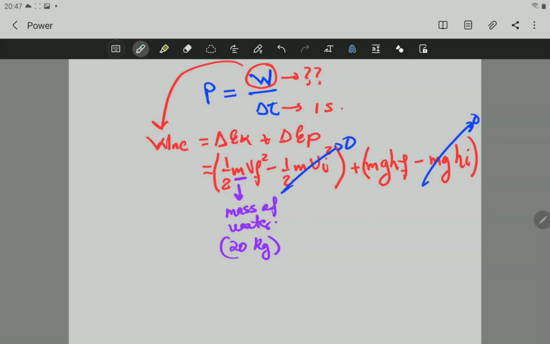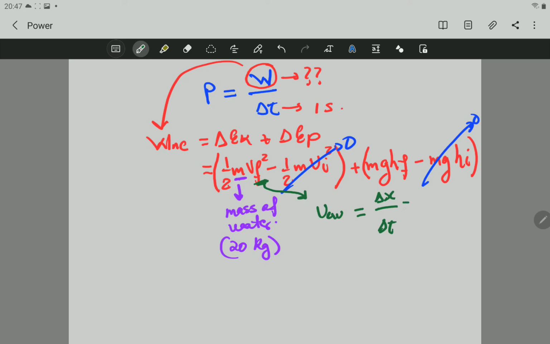Now, the thing is the speed of the water right at the top of the borehole. How much is that? Remember the average speed. Average speed is equal to distance traveled, I'm going to write delta x, because it's a straight line motion, divided by the time.